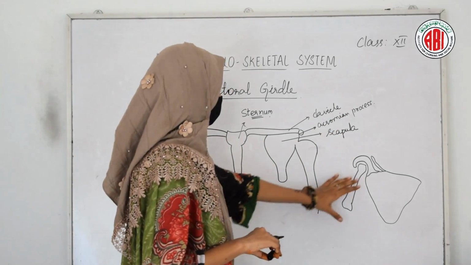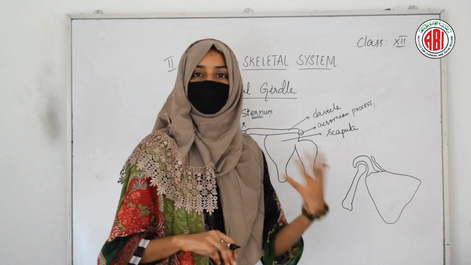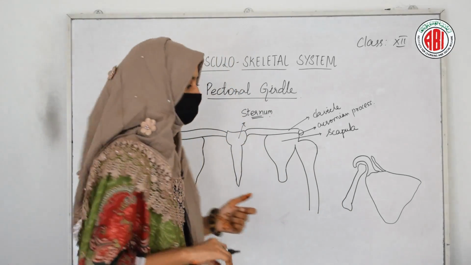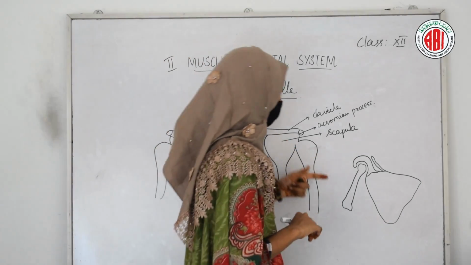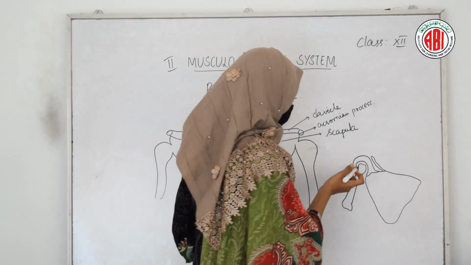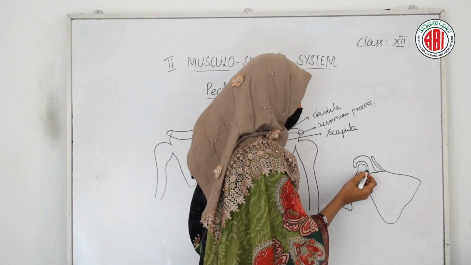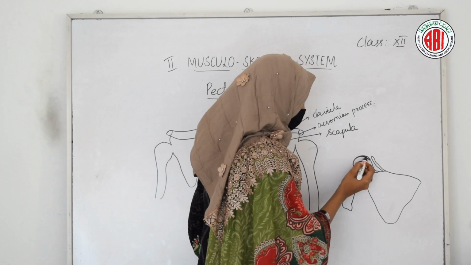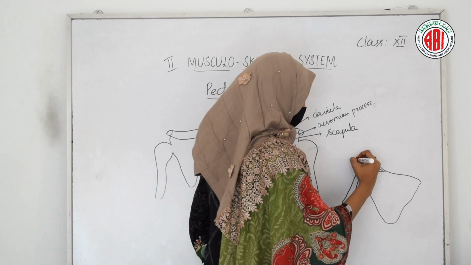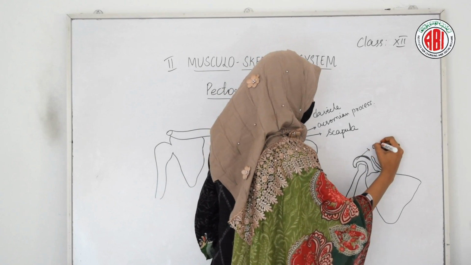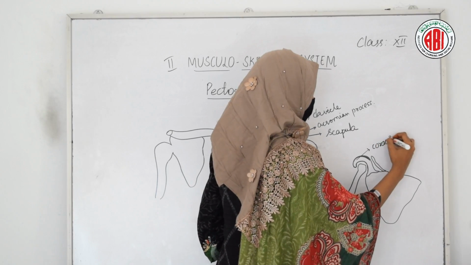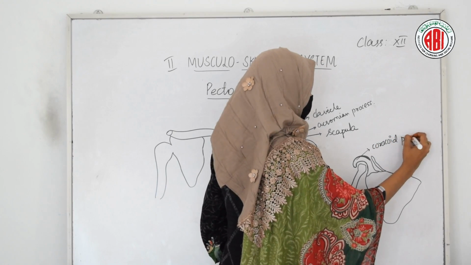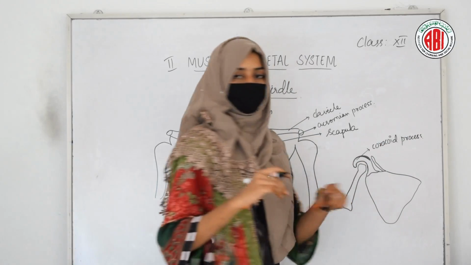And in the structure of the scapula, again you can see different parts. For example, you can find a part which is like a cobra snake. It is like a cobra. So we name this part coracoid process.